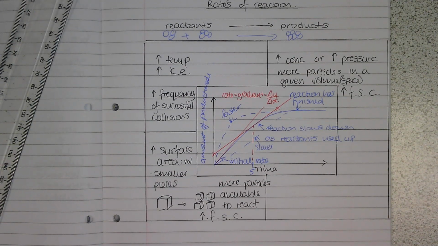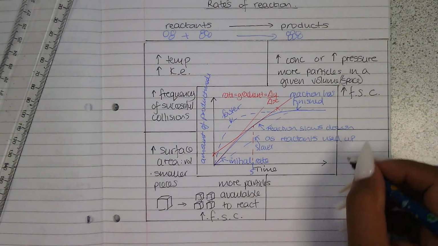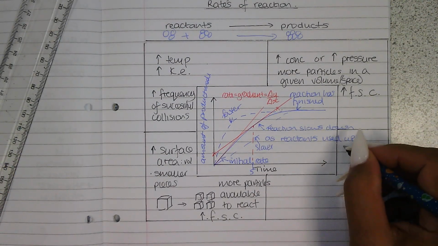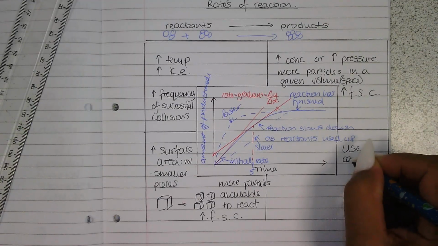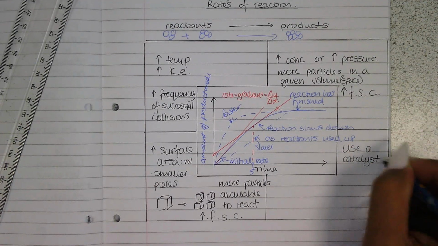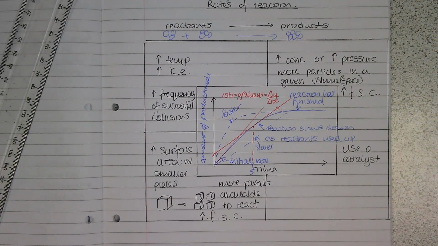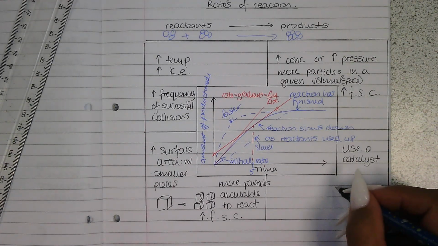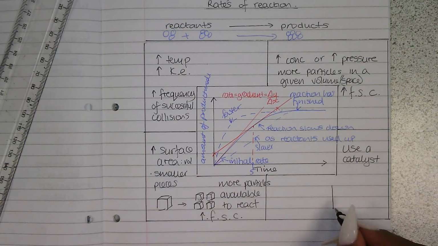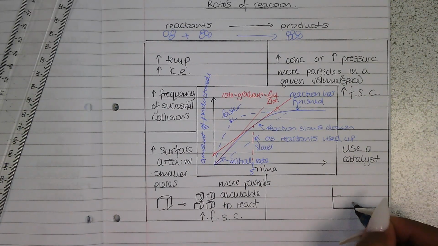okay? The fourth way to increase the rate of a reaction is to use a catalyst. Now, what a catalyst does is it speeds up a reaction, but it doesn't take part in it. Okay, and to help us with this, I'm going to refer back to energy profile diagrams, where we have our reactants and our products.